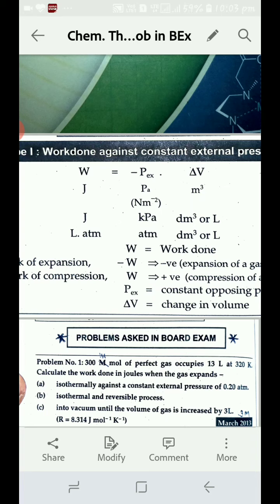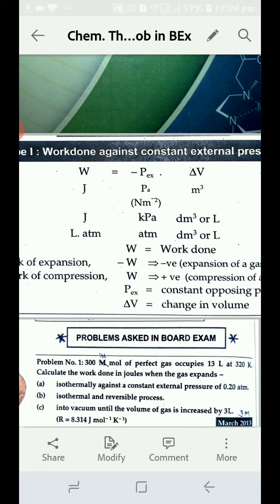Calculate the work done in joule when the gas expands: A, isothermally against a constant external pressure of 0.2 atm; B, isothermal and reversible process; C, into vacuum, until the volume of gas is increased by 3 liter.